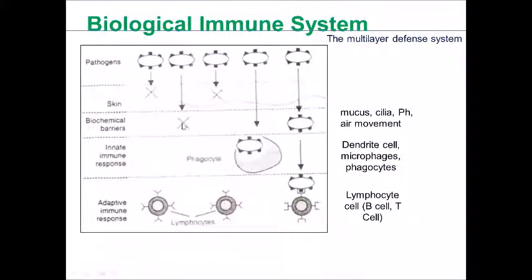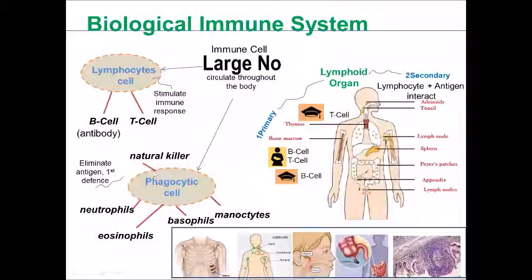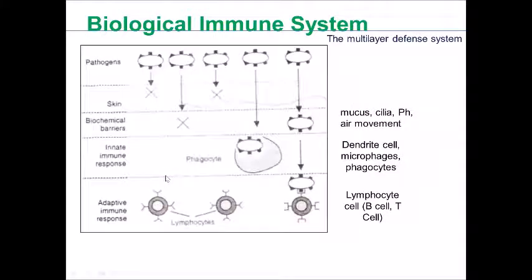So here is the second level, and if our body is unable to protect against the attack, it will go to the innate immune system, the immune system where these cells function. The innate immune system is developed since we were born into this world.